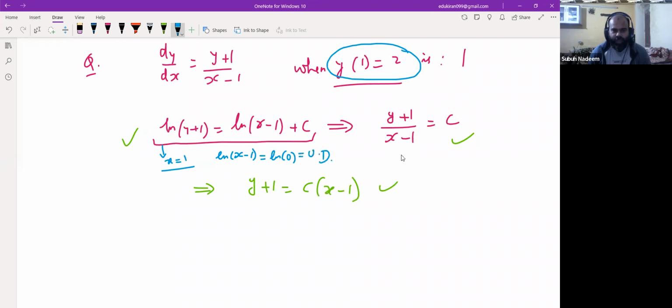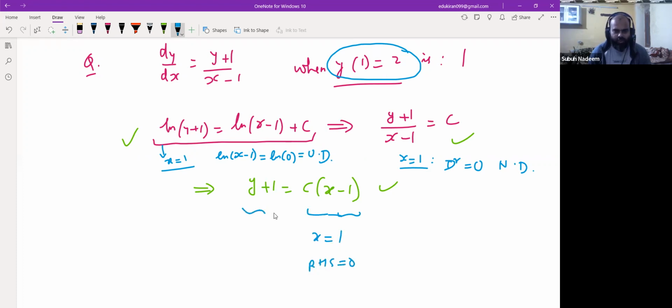Here, if you put x is equal to 1, then the denominator will be 0, which makes it undefined. Any form you take, if it is not defined in one, it will not be defined in another. Here, if you put x is equal to 1, you will get the right hand side as 0.